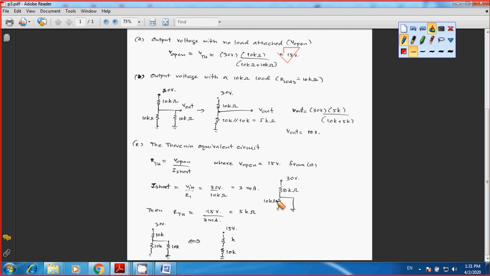So let's take a look at I short, shorting the circuit to the ground. I short is going to be the input voltage 30 volts divided by R1, or 10k ohms. So you have I short to be 3 milliamps. So RTH equals V open, which is 15 volts, divided by I short, which is 3 milliamps, and you have RTH to be 5k ohms.